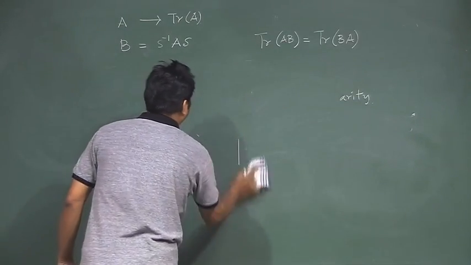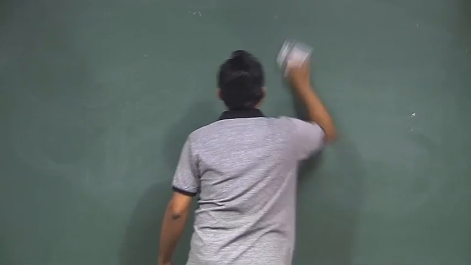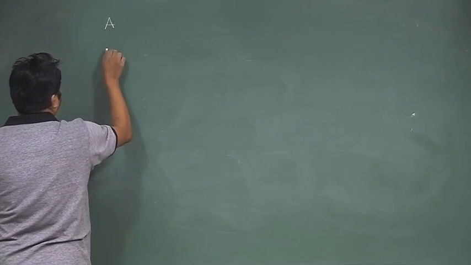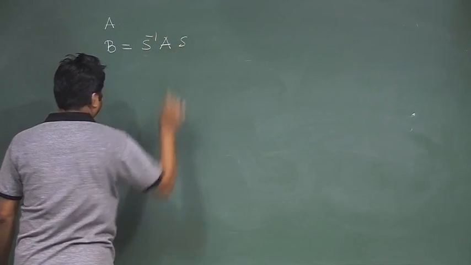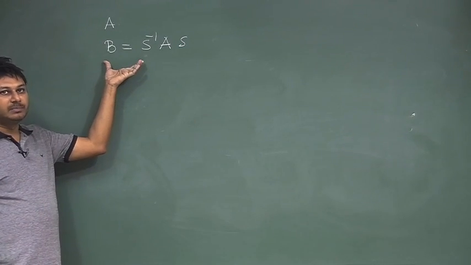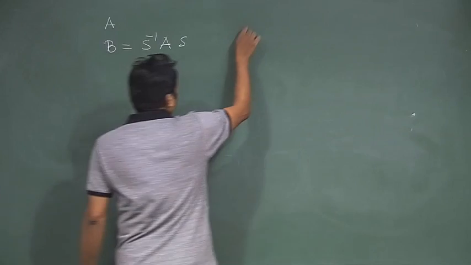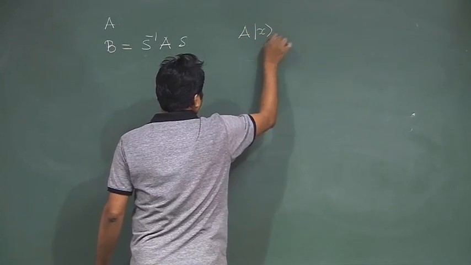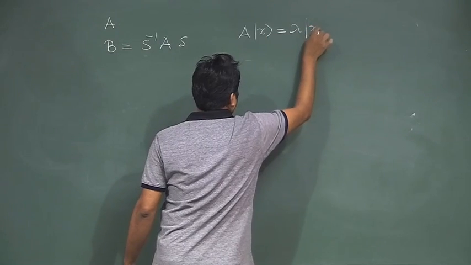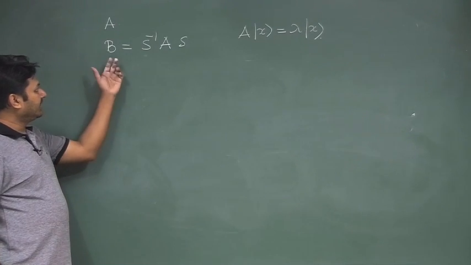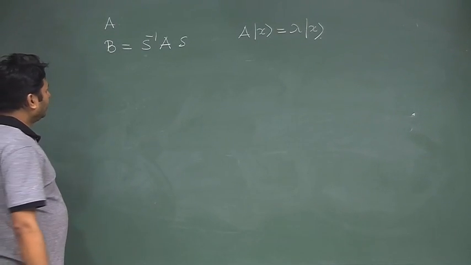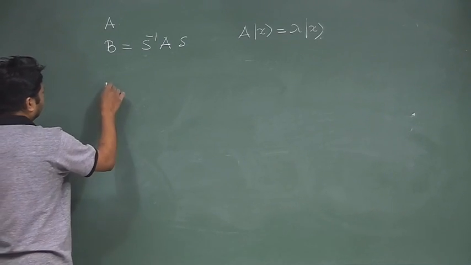Okay. Next thing is again a very short thing. A matrix is given, and the corresponding similarity transformation is this. What about the eigenvalue or eigenvector of B? So, suppose A has eigenvector x with eigenvalue lambda. If this is the case, then what will be the eigenvalue of B?